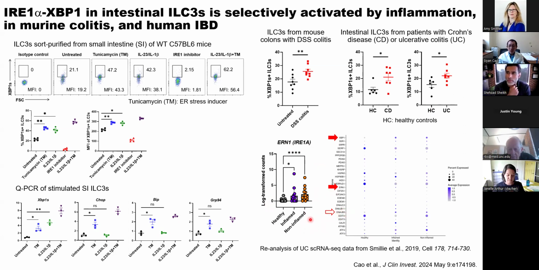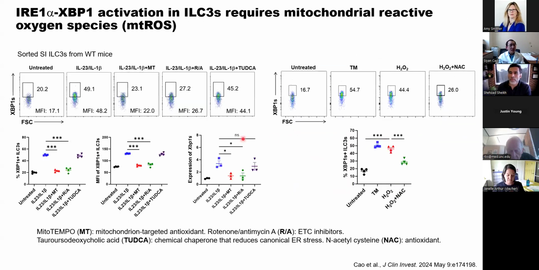You can see on this panel, from both the inflamed and non-inflamed UC tissue, there is increased expression of IRE1 alpha, suggesting the activation of IRE1 alpha and XBP1 in ILC3s is present in both mouse and human patients with IBD. And next, I asked, what's the downstream mechanism of the activation of this pathway?